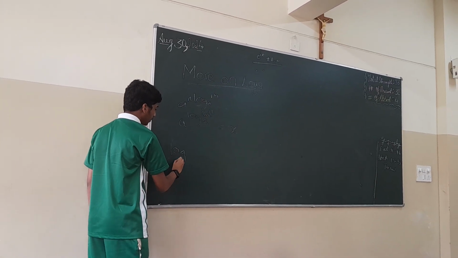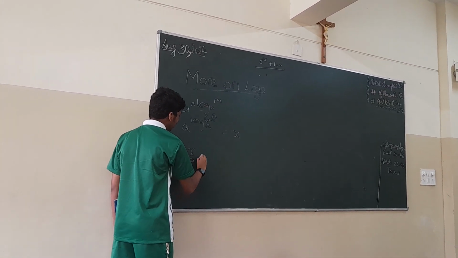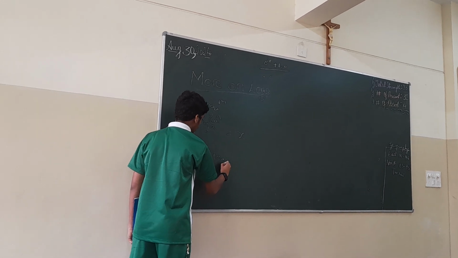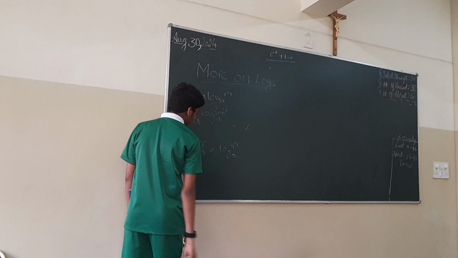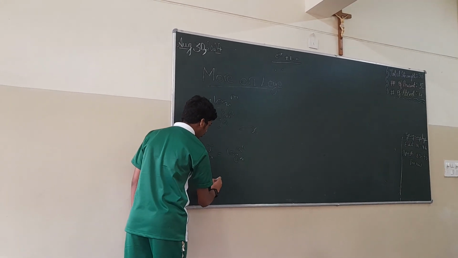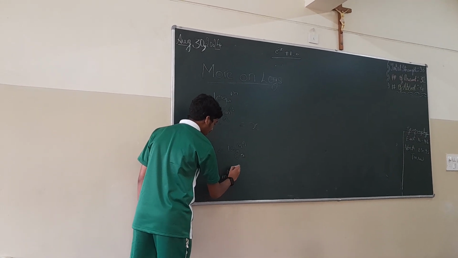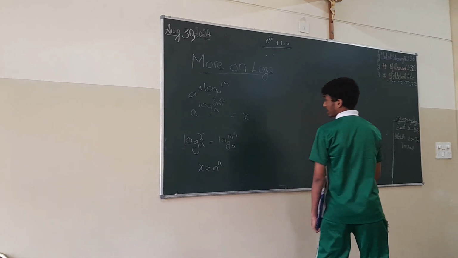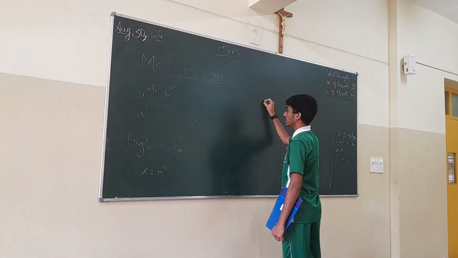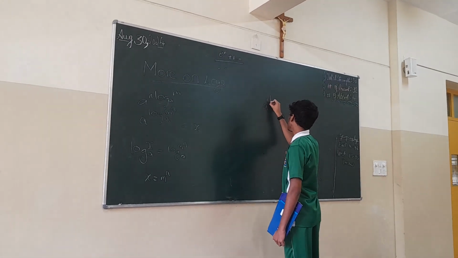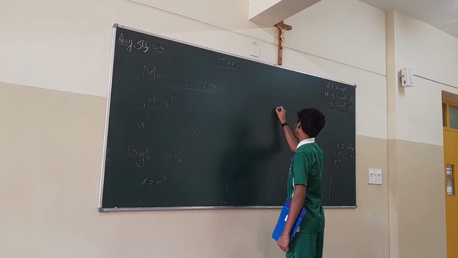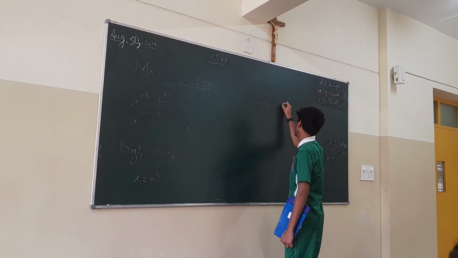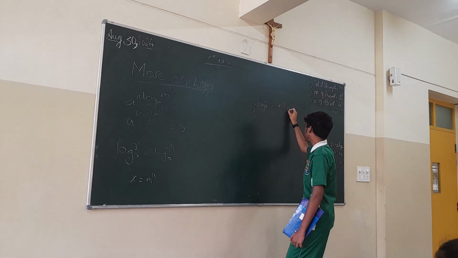Log x to the base a is equal to log m raised to n to the base a. So x is equal to m raised to n. The value of x is a raised to n log m to the base a, which is equal to m raised to n.